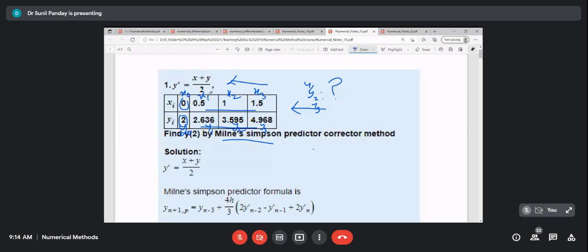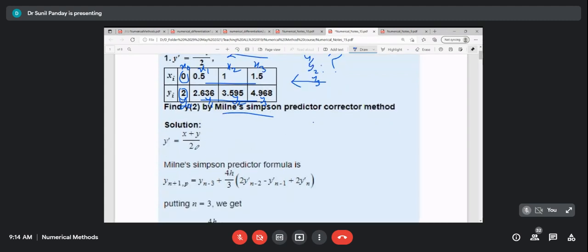So in this question, it is given. This is our y dash. If you remember, we say that this one is f of x, y.